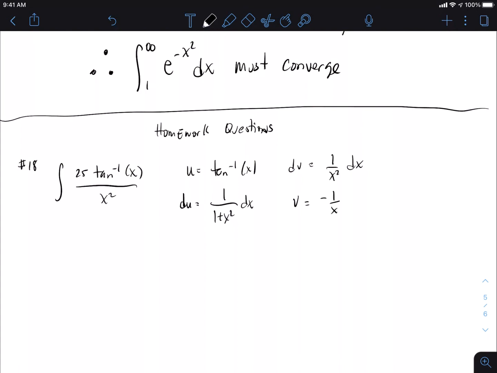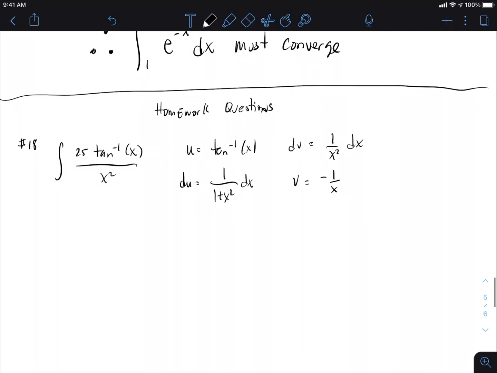Yes. Okay, so when I go to do this, I'm going to have the 25 out front. u times v is going to give me a negative 1 over x tan inverse of x, right? Because of u times v.